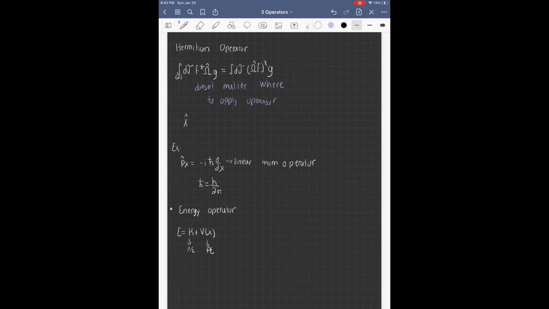Now, if you were to put it in terms, let me just put that in between. This is basically 1/2 m v_x squared plus, let's just say, V of x. Now, let's just say if you want to convert this into quantum mechanical terms.